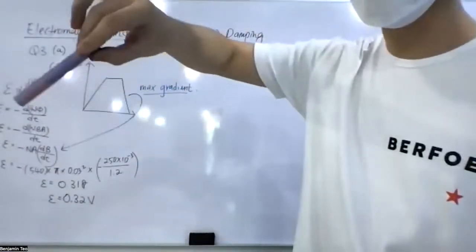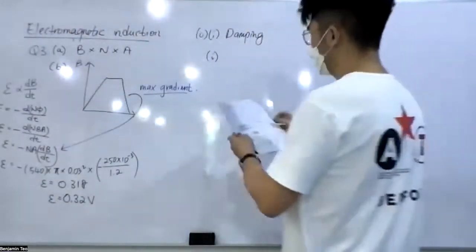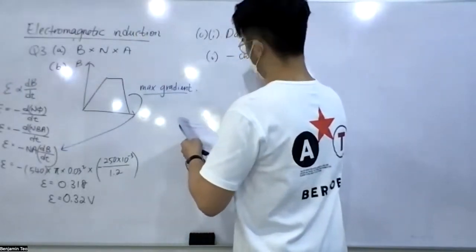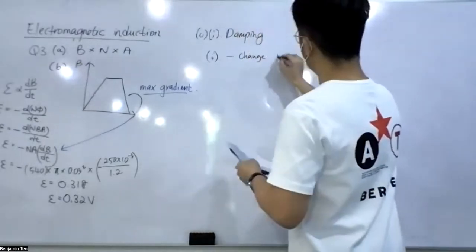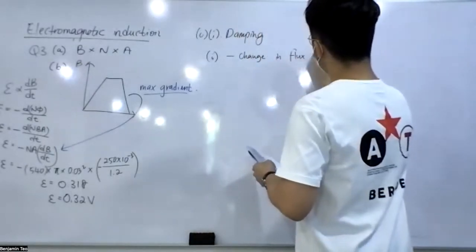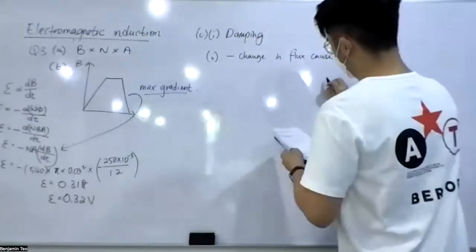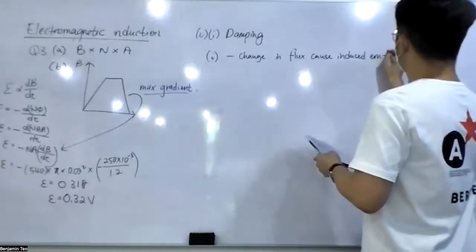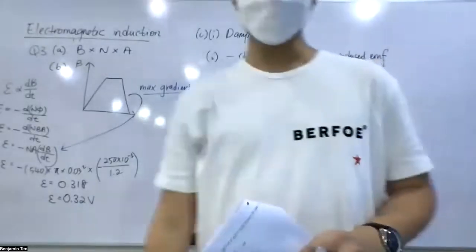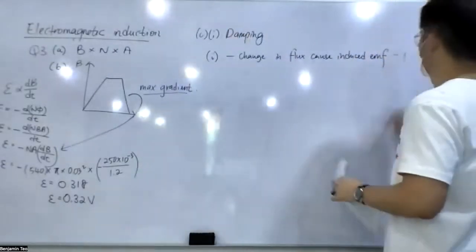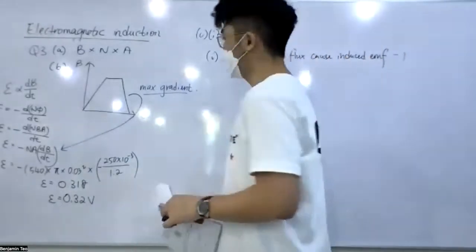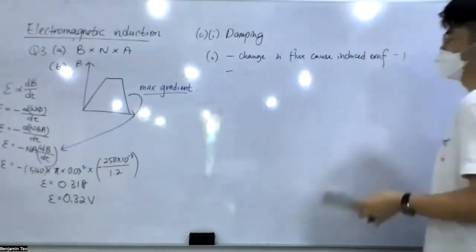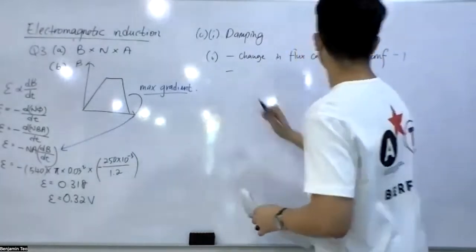Change in area causes change in flux. Number one, change in flux causes induced EMF. One mark. The sequence always goes like this, fixed. Change in flux causes induced EMF. Then the second one, what happened next?